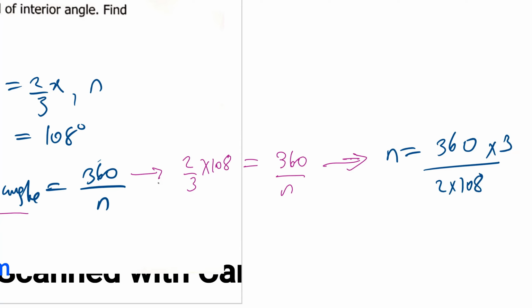Simplifying, 360 multiplied by 3, divided by 108 divided by 2, we get the number of sides equals 5. So that is one way of getting the number of sides of the regular polygon.